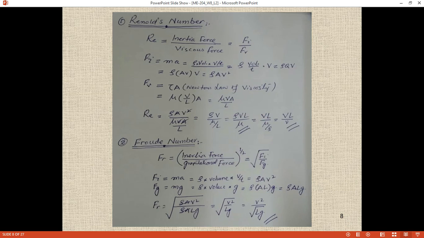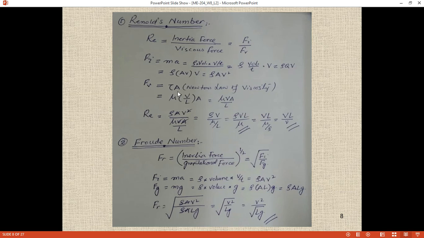The velocity gradient is the change in velocity with respect to the change in depth or height. If we multiply the shear stress by the area, you will get the viscous force.